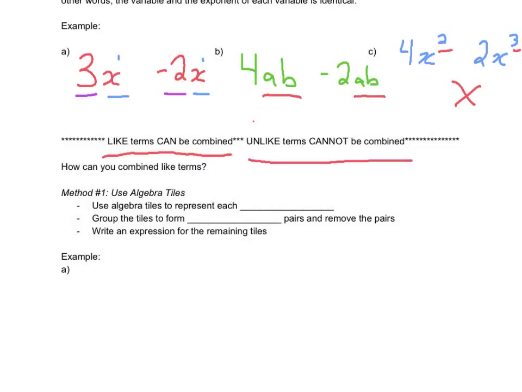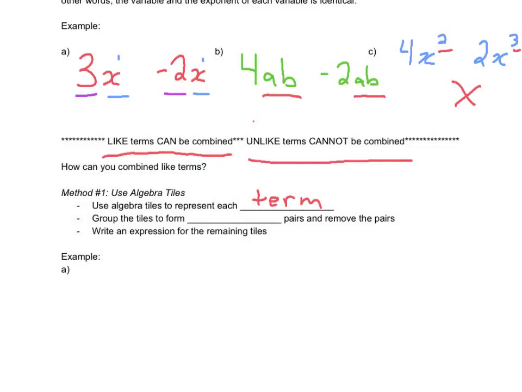So when we do have like terms, they can be combined. How do we do that? Well, we're going to look at 2 different methods. The first one is using algebra tiles. You are going to use algebra tiles to represent each term. Remember we looked at algebra tiles last time.